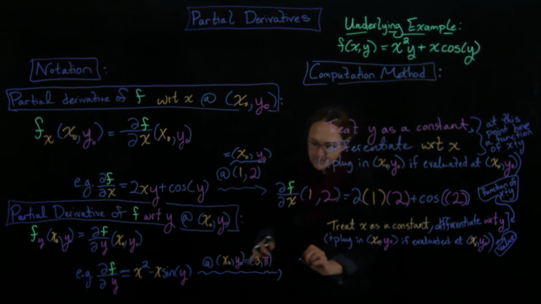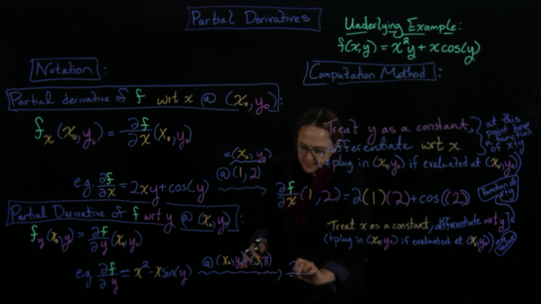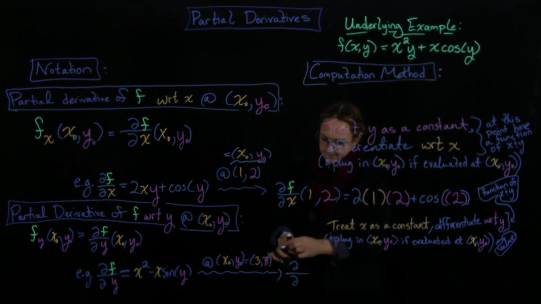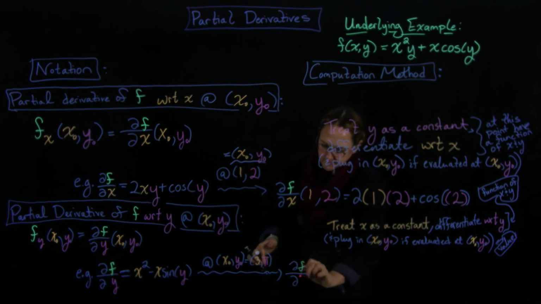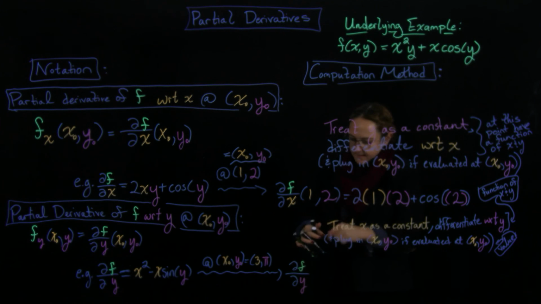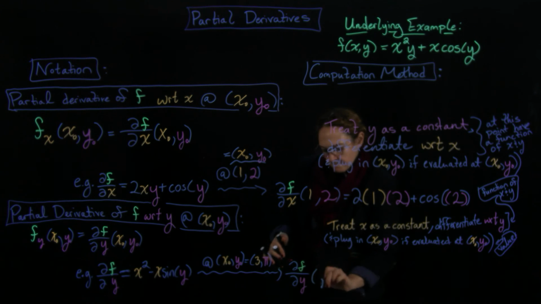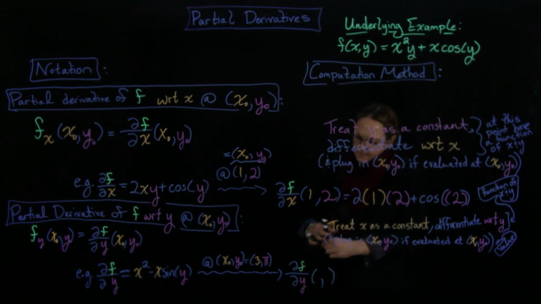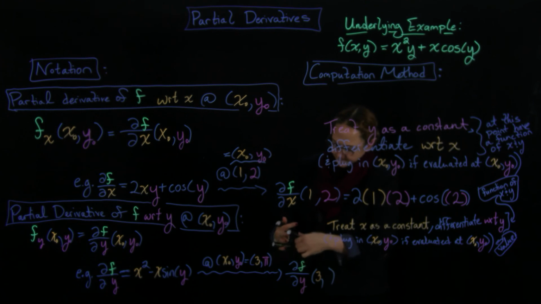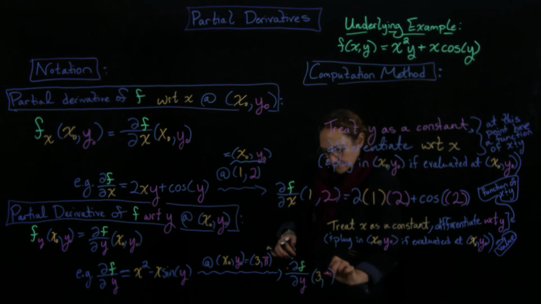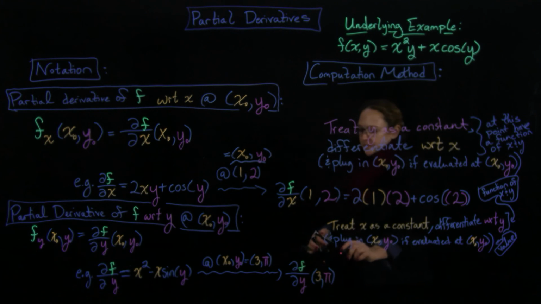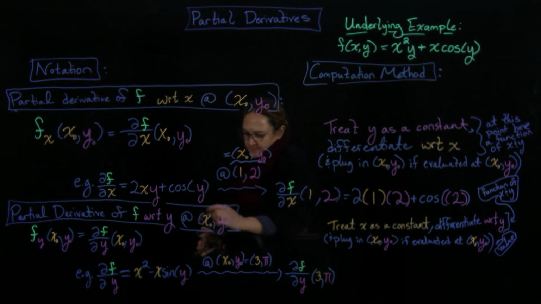Okay, so then we have the derivative with respect to y, and then we have 3 pi. That's what I'm going to be plugging into this derivative with respect to y over here.